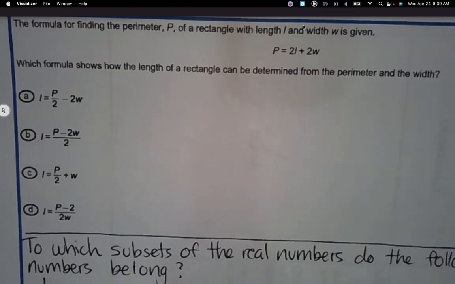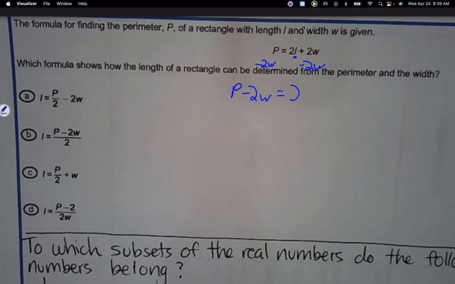Which formula shows the length? Okay, how you can find the length. So instead of having P equals, what do they want us to have? Well, it's L. But yeah, I wouldn't have written mine like that either. So how would I get that letter by itself? Well, what do you do with that plus 2W? Subtract 2W. I know it's got a lot of variables, but you subtract it from both sides. So I have P minus 2W equals 2L.